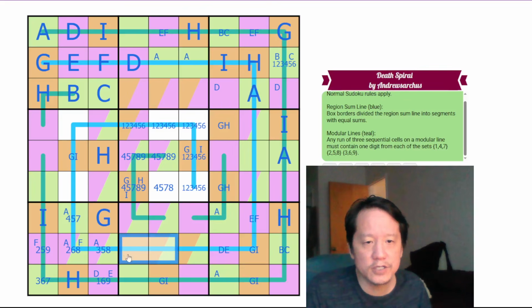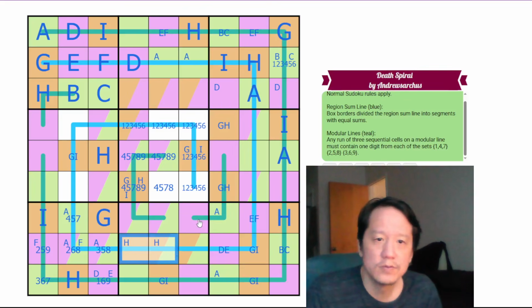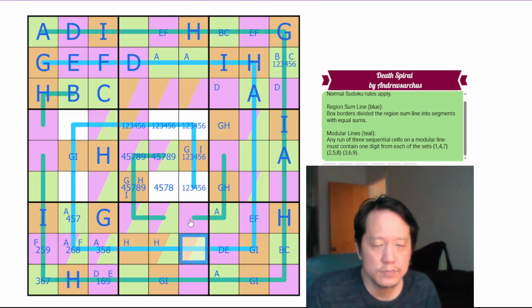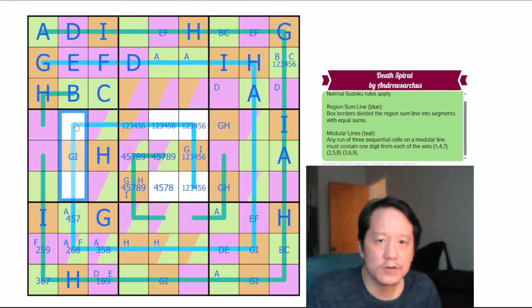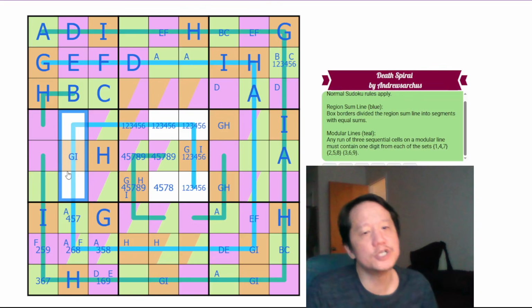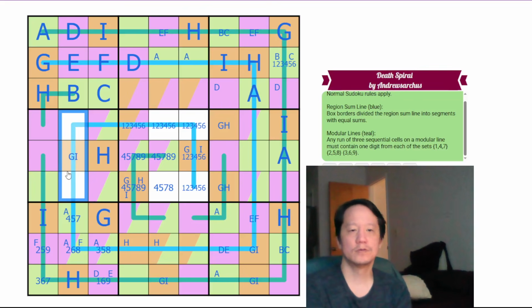So we know H has to be one of these two. H can't be here. H is one of these four, which is not helpful. We know the other G and I's here. Oh, that's interesting. The other G and I is here.